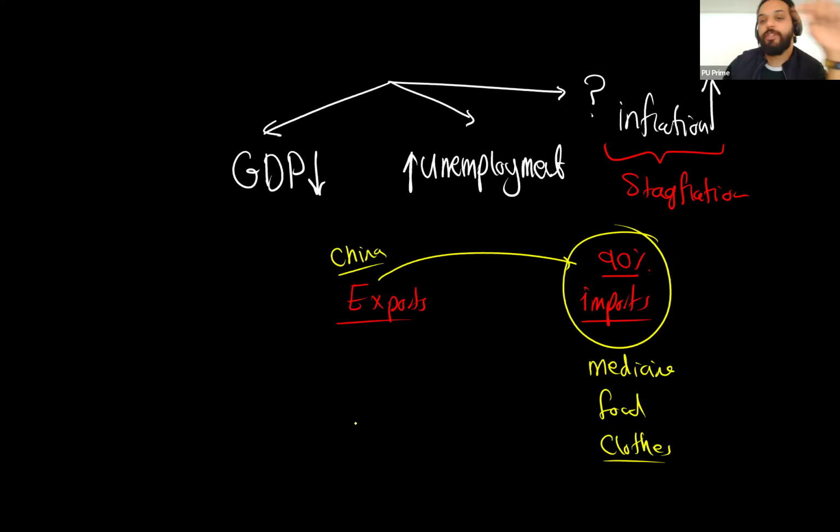Now the question: would Egypt pay China in the Chinese currency or in dollars? What do you think? So international trade, guys, always happens in dollars, 100%. So Egypt needs to pay China in dollars.